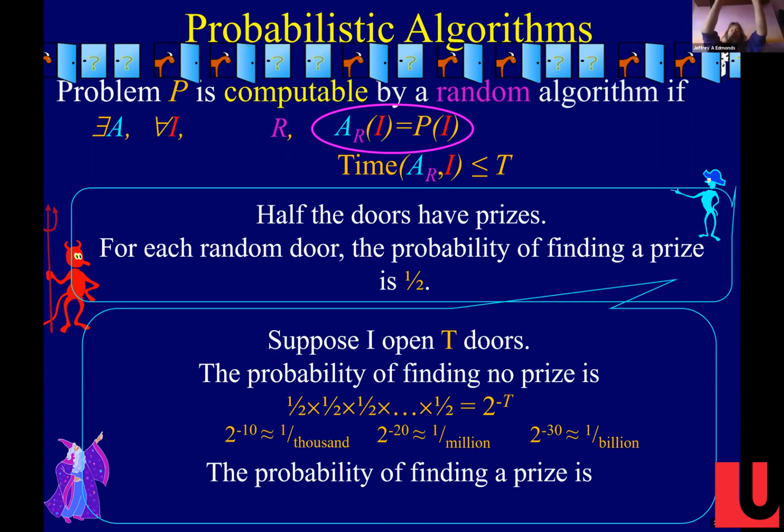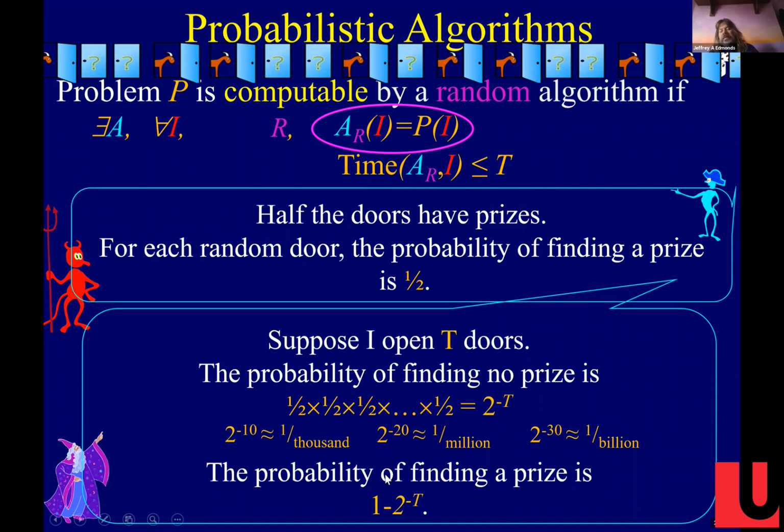Remember the normal distribution: if you open up T doors, you're very likely to get T over 2 with prizes, and the standard deviation is square root of T. So you're likely to get T over 2 plus or minus some number of square roots of T.